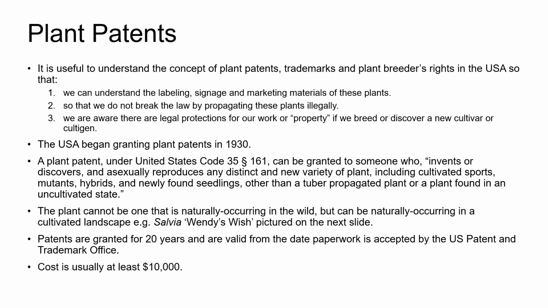Basically, what this is saying is that you can apply for a plant patent for any new and distinct plants, except ones that occur naturally in the wild or ones that are propagated from a tuber. So basically, it's tough luck if you're trying to make a living as a potato or a dahlia breeder.